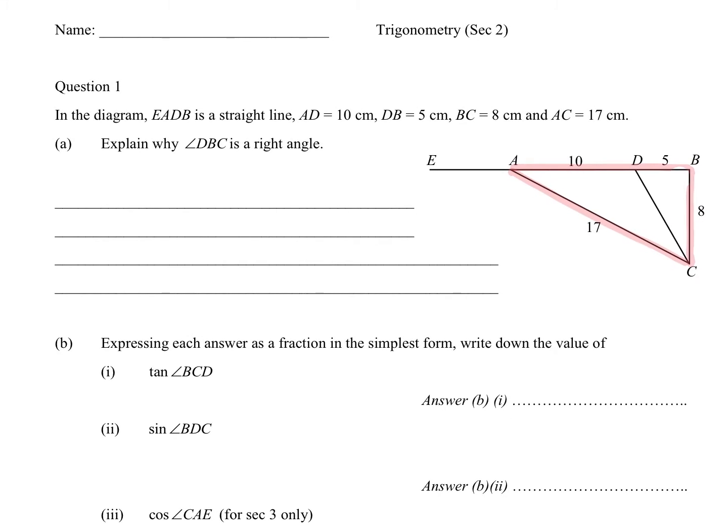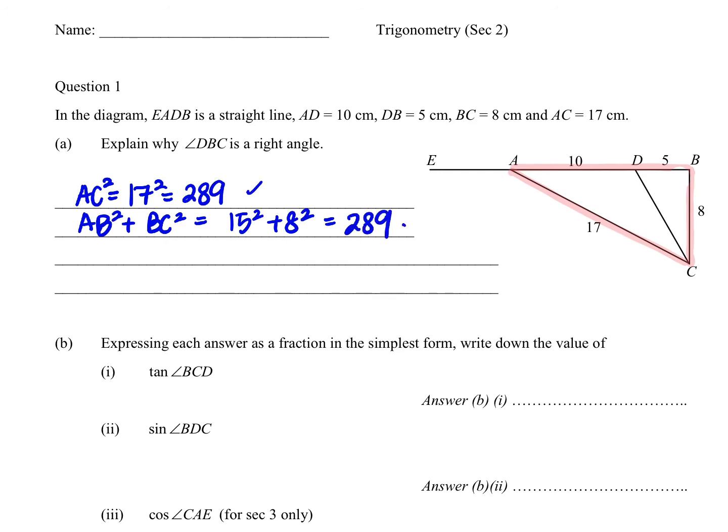So inside my question, I'll write down the answer, starting with the longer side first. AC squared is equals to 17 squared, which is equals to 289. Then I need to look at my two shorter sides, the other part of the equation. AB squared, not AD, because D is not a right angle triangle, plus BC squared. So it's 10 plus 5, 15 squared plus 8 squared. And that will give me 289 as well.